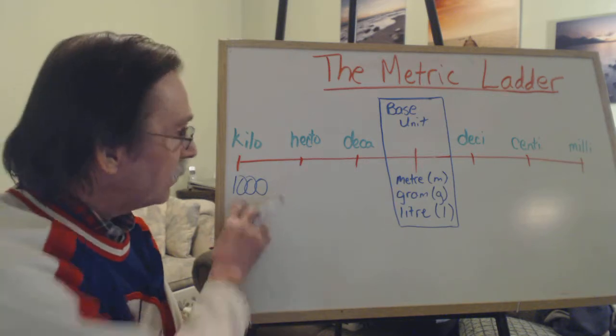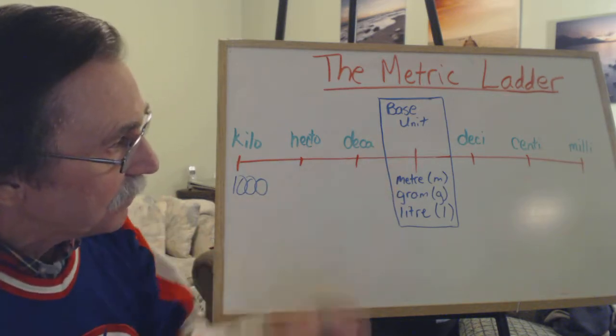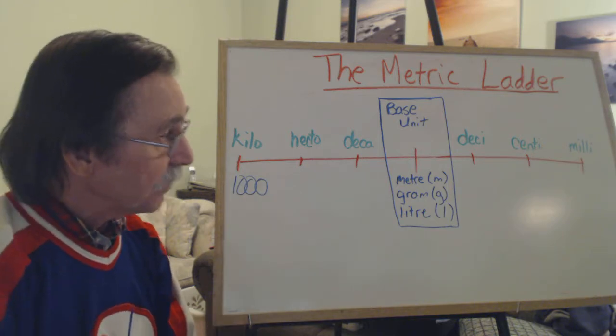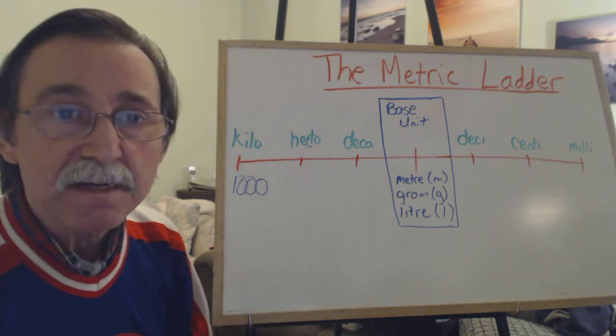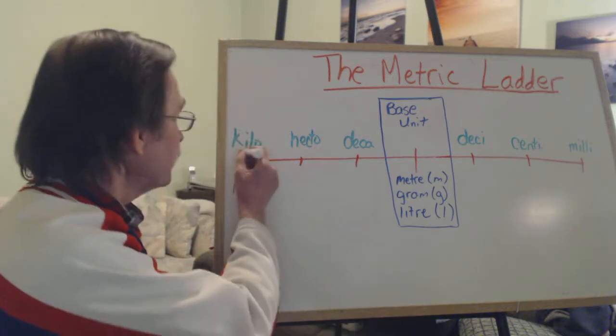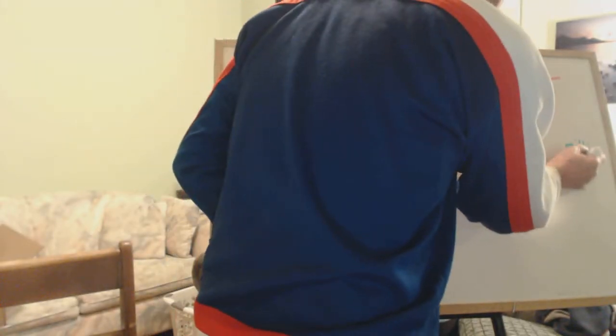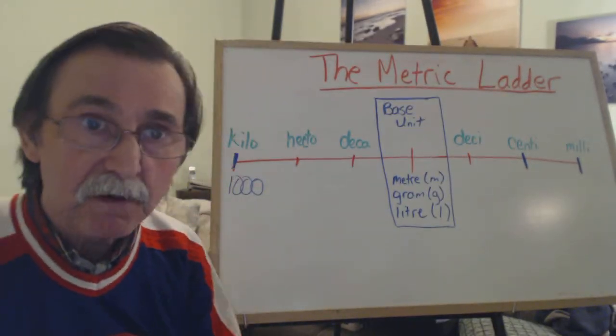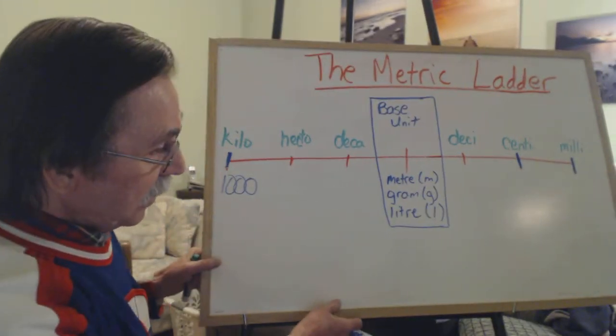Okay, now that one we know, and I'm going to go over to the other side and show you what a couple of those other ones are. Centi, I'm going to go with this one and these two. Those three that I marked are the most popular ones in our culture anyway.